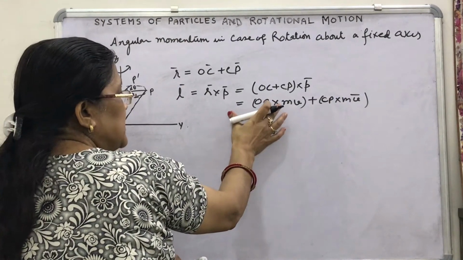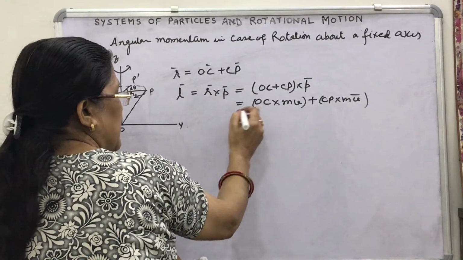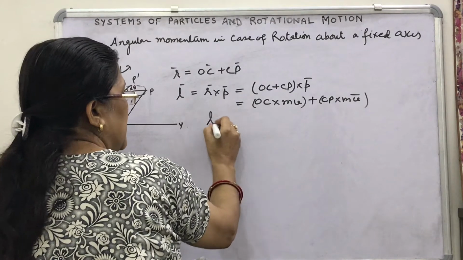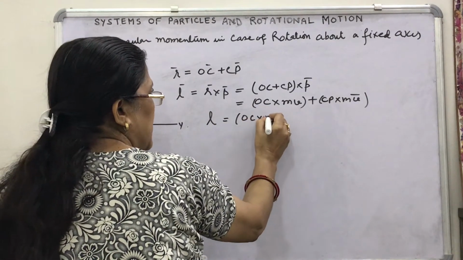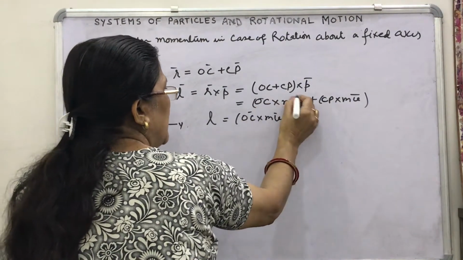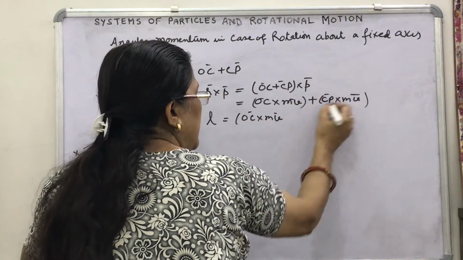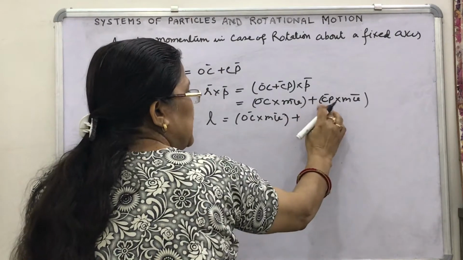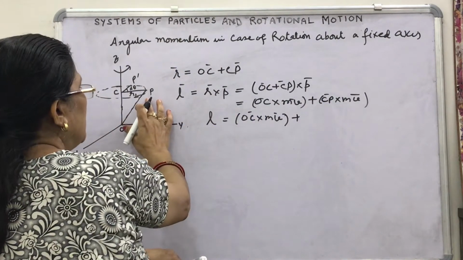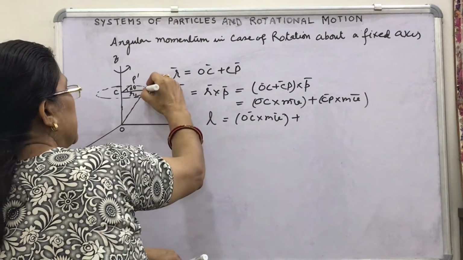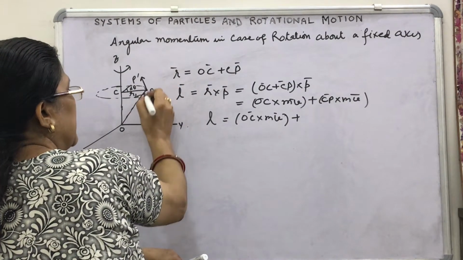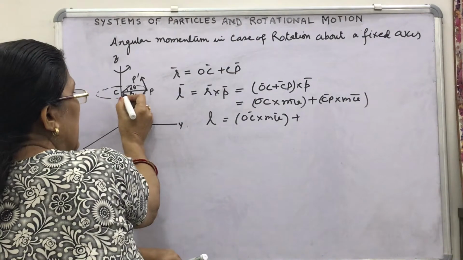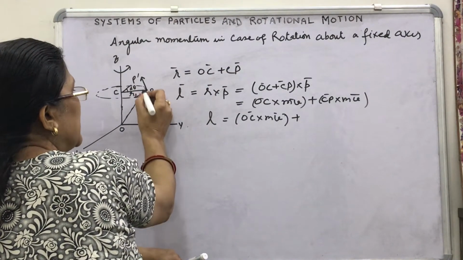In this case, the angular momentum will be OC cross mv, these all are vectors, plus CP cross mv. What can you write for CP cross mv? Its linear velocity is tangential at point P for the particle, so the radius and tangent are perpendicular.